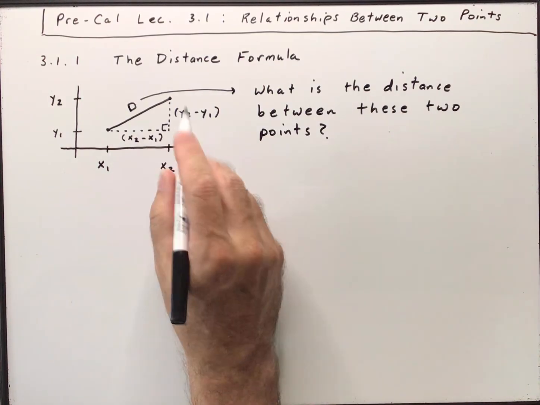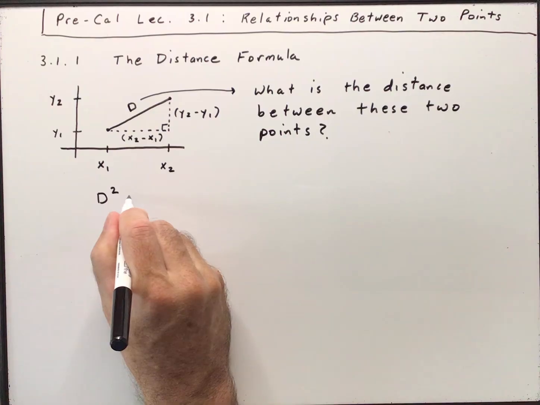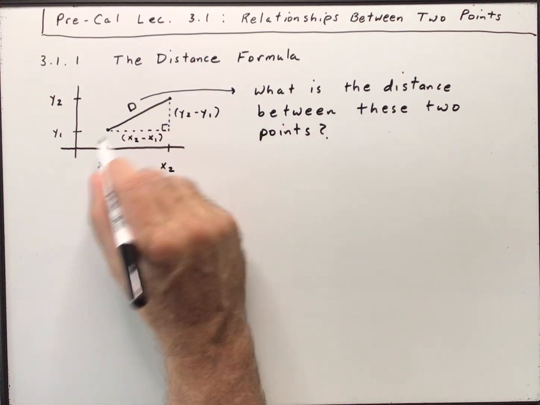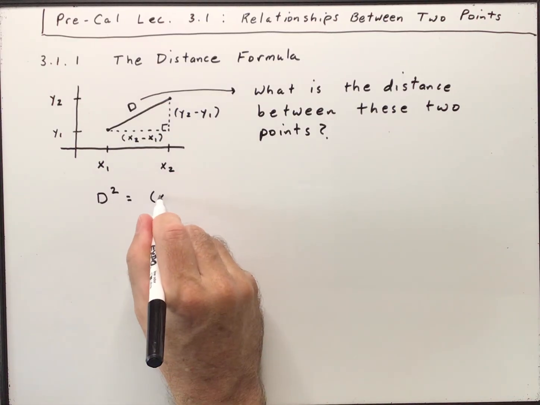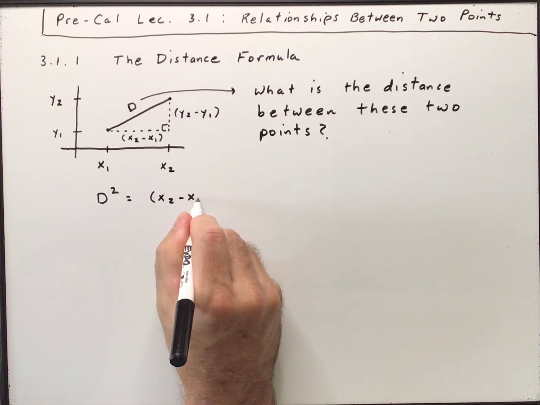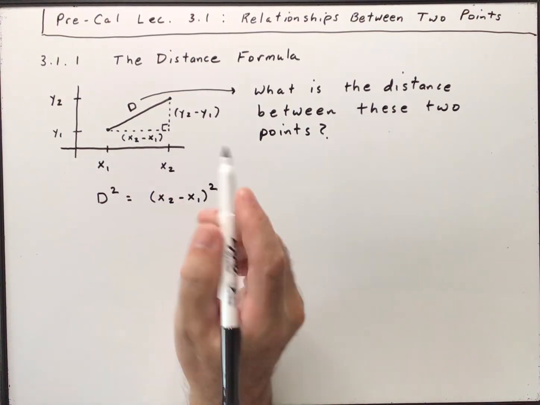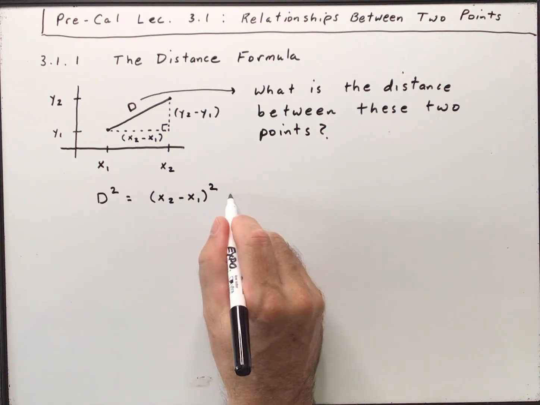Okay, well, if we use the Pythagorean theorem, we could say that d squared, hypotenuse squared, d is just the hypotenuse, is equal to x2 minus x1 all squared, so the one leg of the right triangle. So c squared is a squared plus b squared, right?